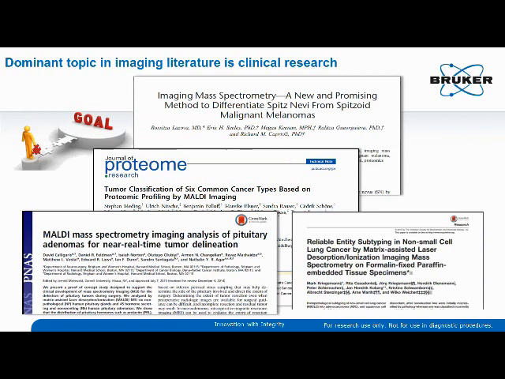In many cases, histology and pathology may give an indeterminate diagnosis, so we are looking at ways of possibly growing mass spectrometry imaging into a way that we can augment that kind of information with molecular signatures at the molecular level.